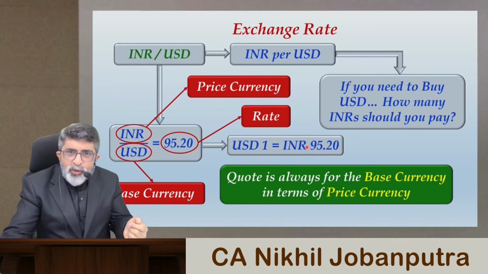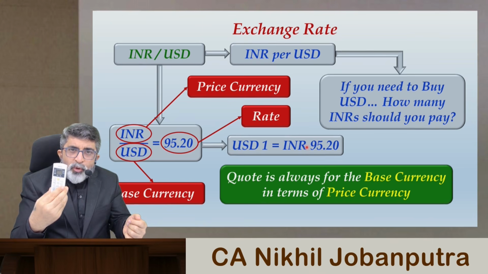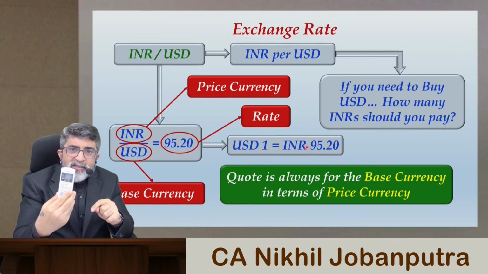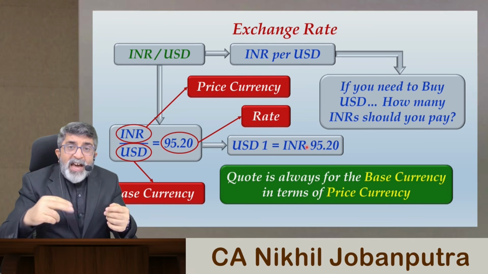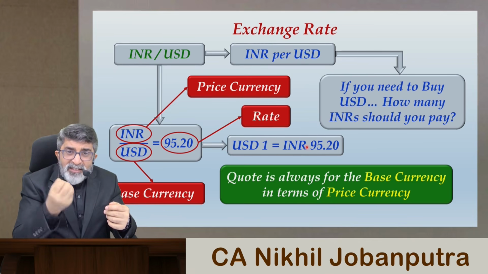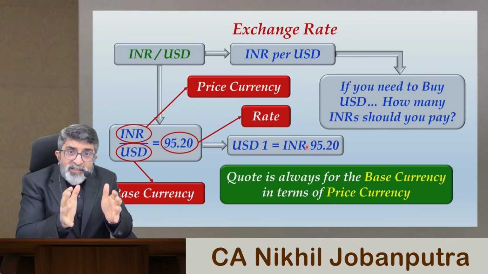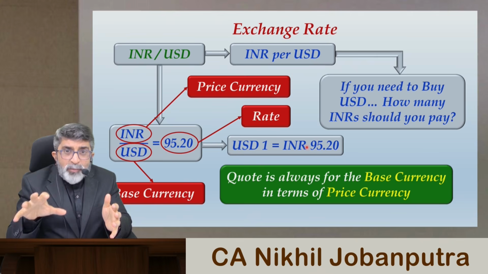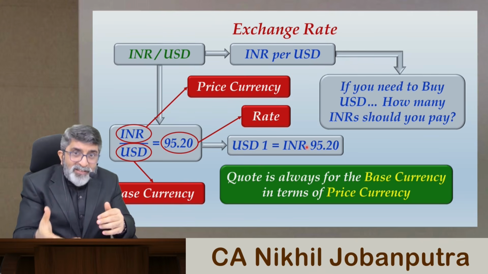Let me simply tell you, if I want to buy this remote control, then this becomes the commodity, and suppose the price of this is rupees 800, then I have to pay rupees 800 to buy this remote control. Then the remote control is the commodity, and the money that I am paying, 800 Indian rupees, will be the price.